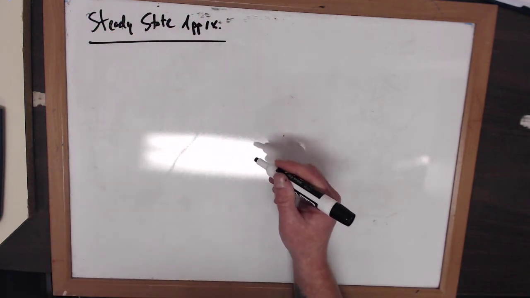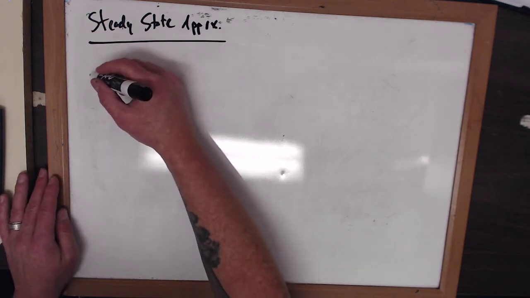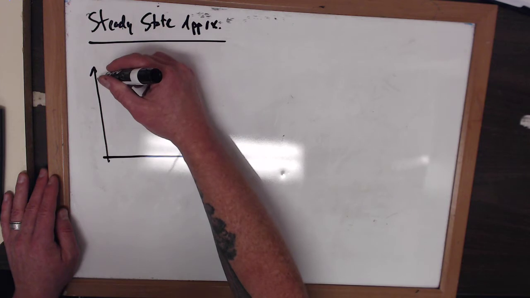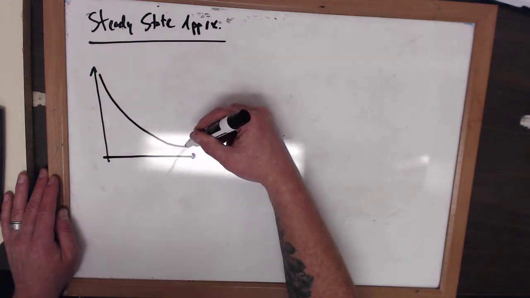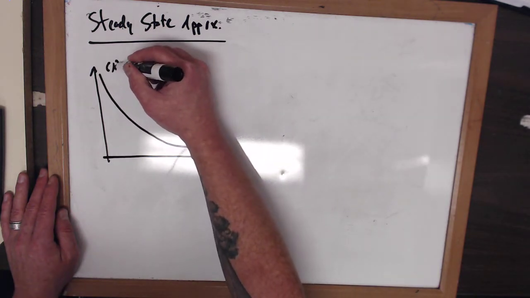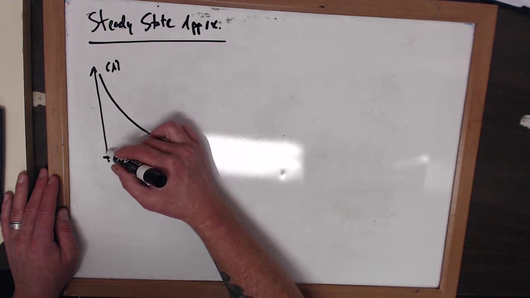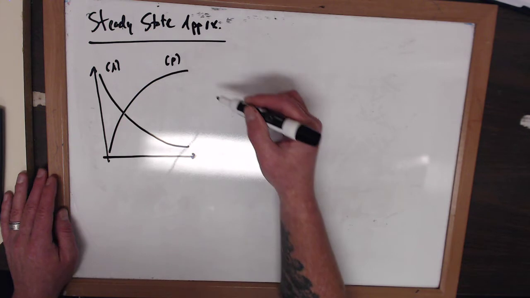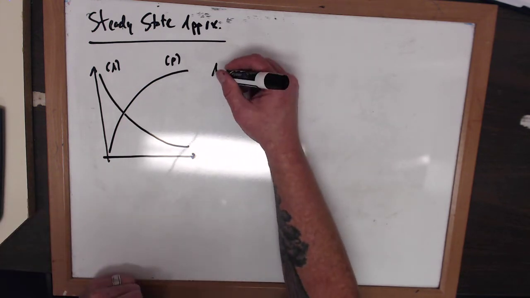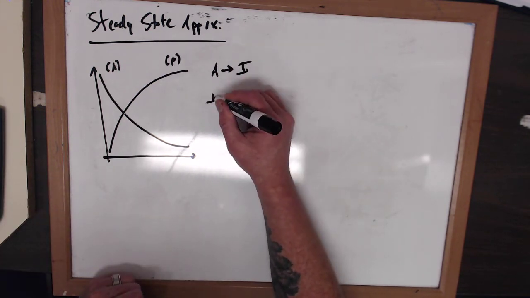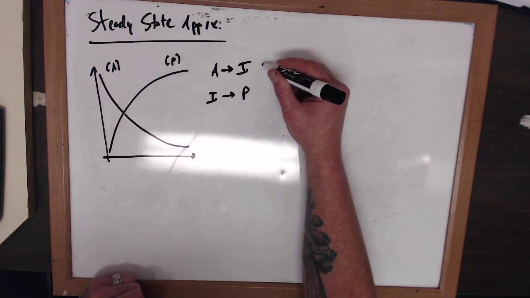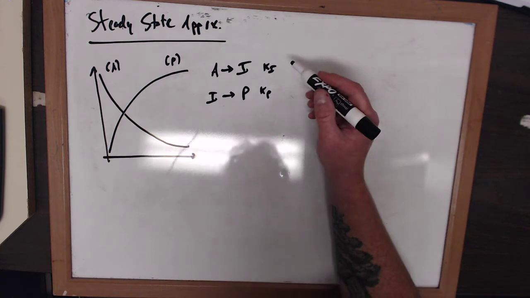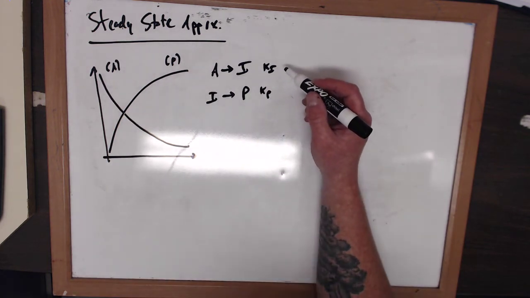Okay, so back to our simple mechanism where we get some decay of A and some evolution of P. And if we write this mechanism down again, all the same rate constants, all the same rate orders, all first order decay.